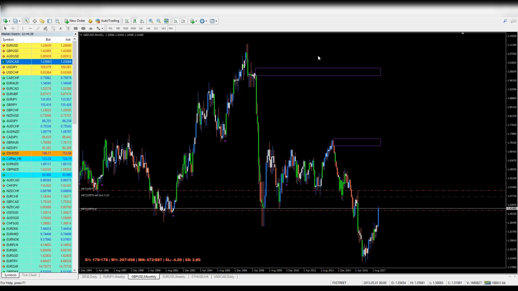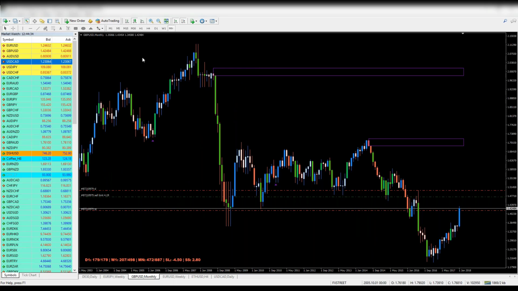So if we have a look at the cable and you have a good look at this on the monthly chart, what's the first thing you need to do? Well, first of all, you need to answer the question, what's driving price? And you can see that it's becoming pretty clear. Currently, price is standing on this, and you can see that price formed this all-time low, and it started to trade nice and efficiently higher.